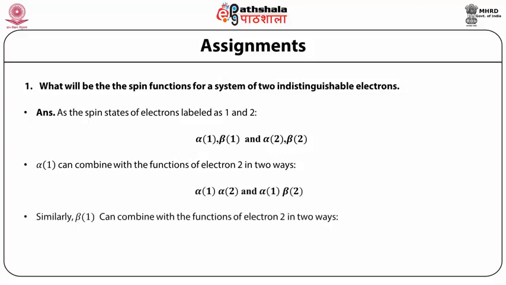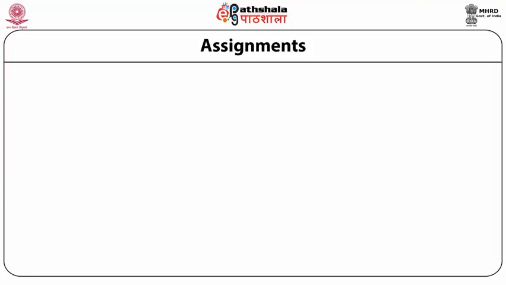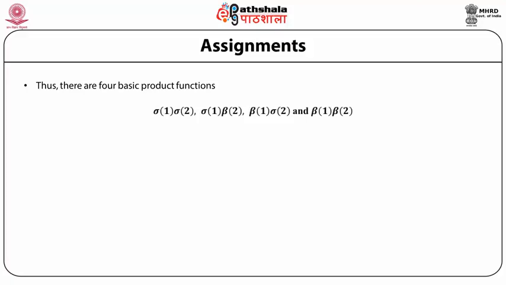Similarly, beta 1 can combine with the functions of electron 2 in two ways, beta 1 alpha 2 and beta 1 beta 2. That means there are four basic product functions: alpha 1 alpha 2, alpha 1 beta 2, beta 1 alpha 2 and beta 1 beta 2.